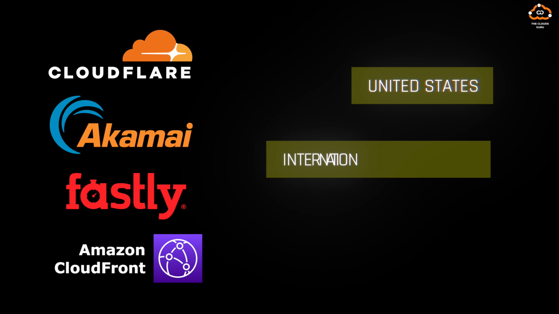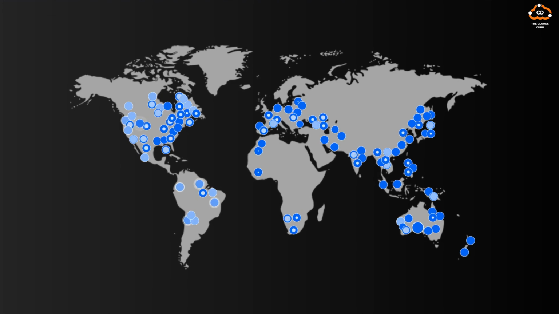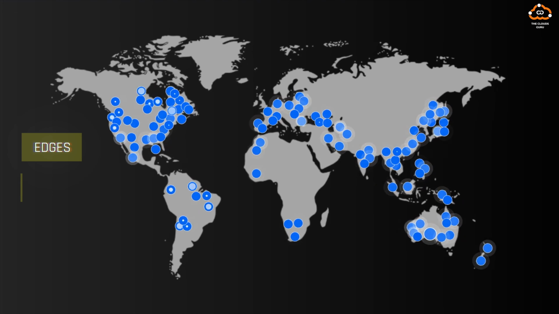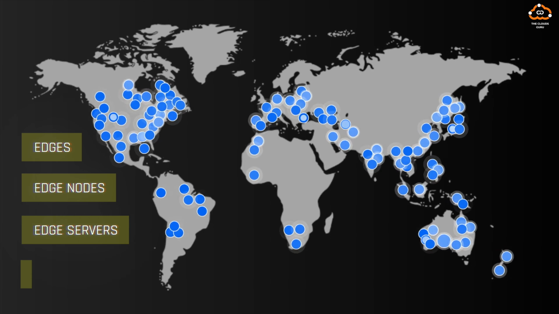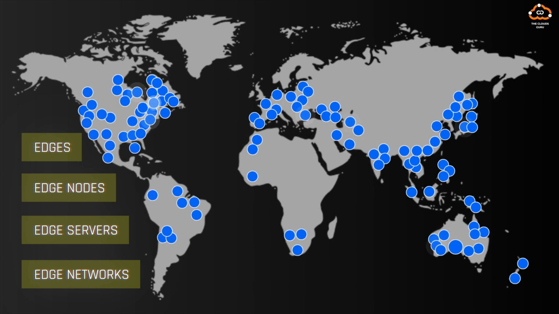Most CDN providers offer their services through a varied and defined array of POPs, tailored to desired coverage levels, including but not limited to regions such as the United States, international or global, Asia-Pacific, etc. These collections of POPs are sometimes designated as edges, edge nodes, edge servers, or edge networks, representing the nearest point of CDN infrastructure to the end user.